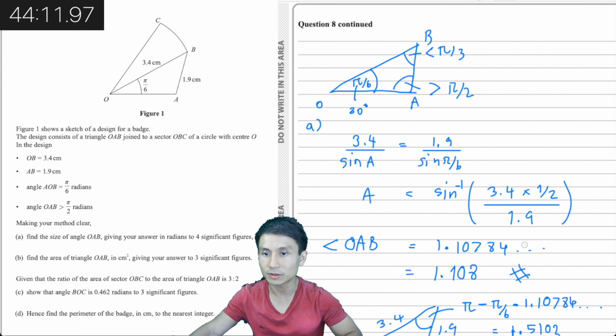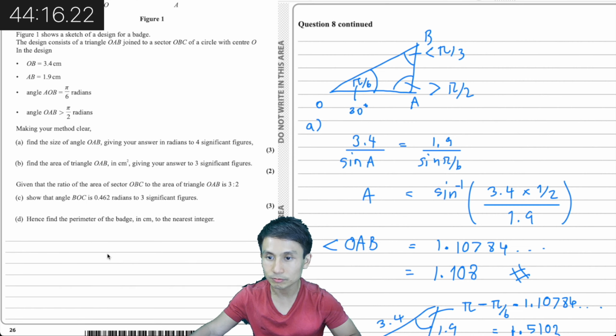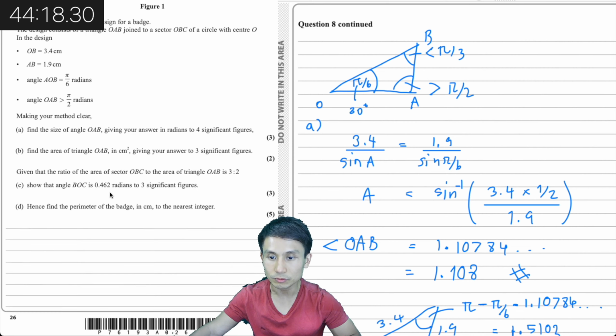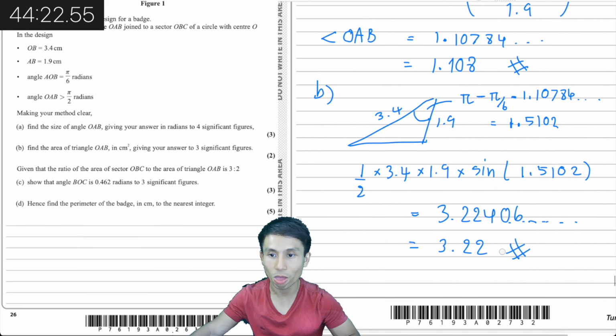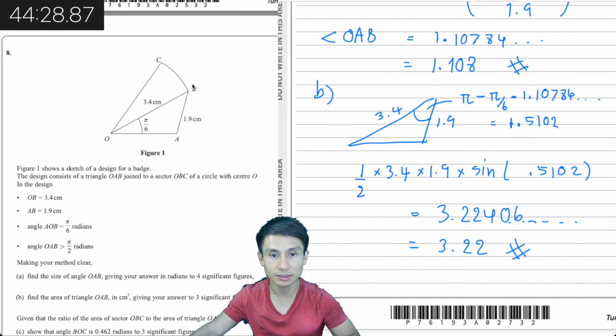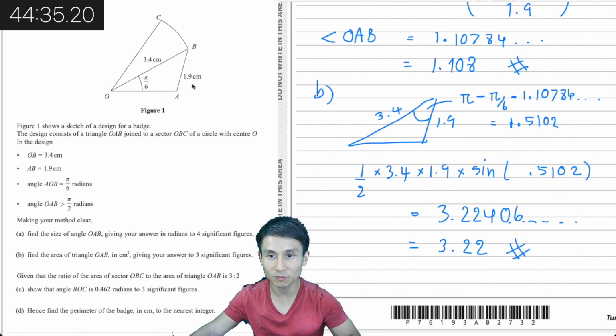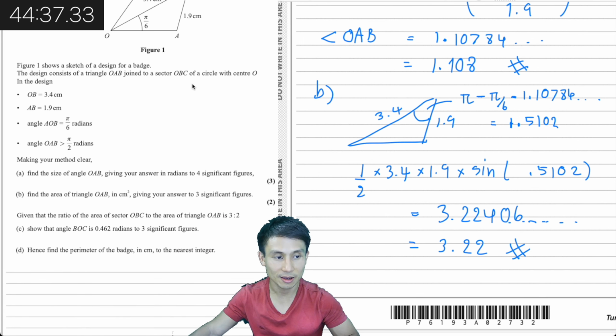There's something wrong with this. Hang on. So area of triangle OAB is pi over 6. So that's pi over 6. Pi minus pi over 6 minus OAB would be the angle for OBA. And we do sine of that.